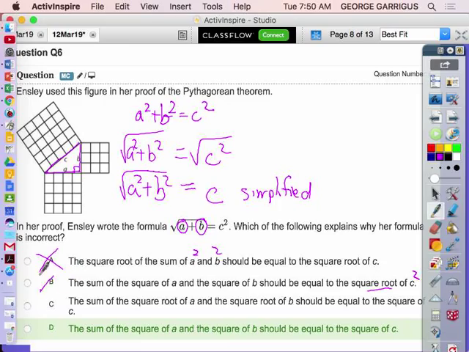So that's why that one's wrong. The sum of the square root of A and the square root of B should be equal to the square of C. No, that's what she has up there basically, except she left the squares off. And you're left with D. The sum of the square of A and the square of B should be equal to the square of C. That's the basic Pythagorean theorem up here.